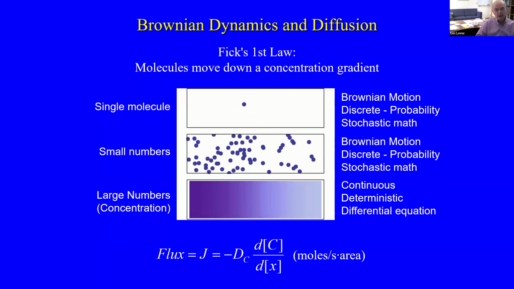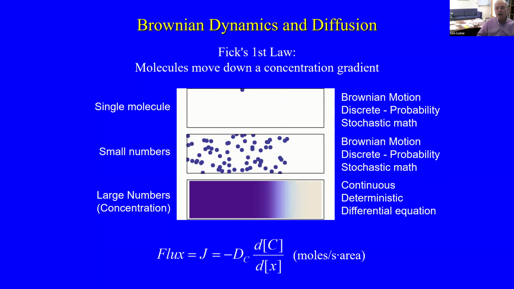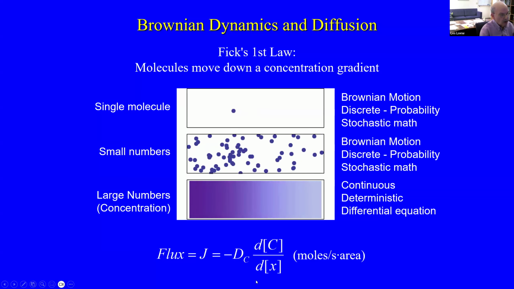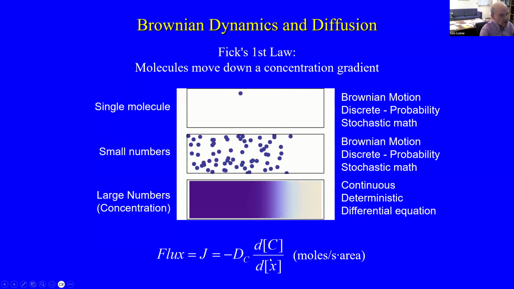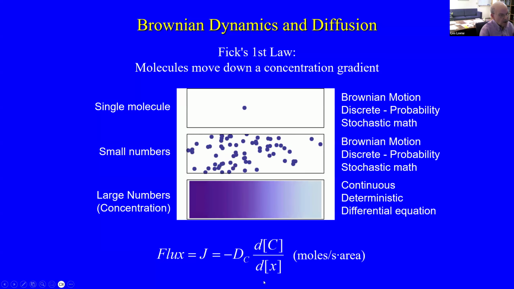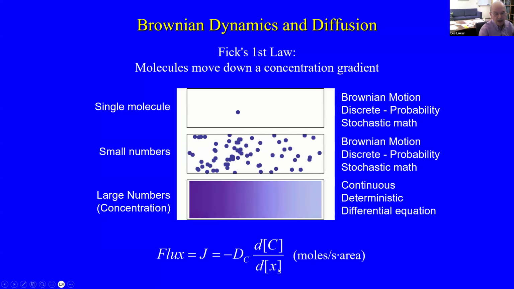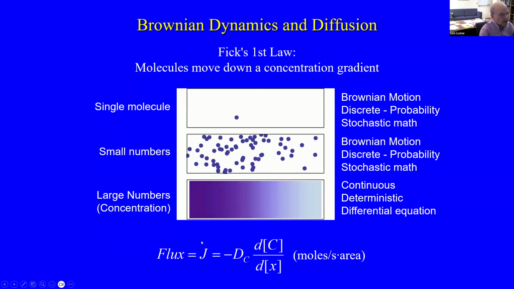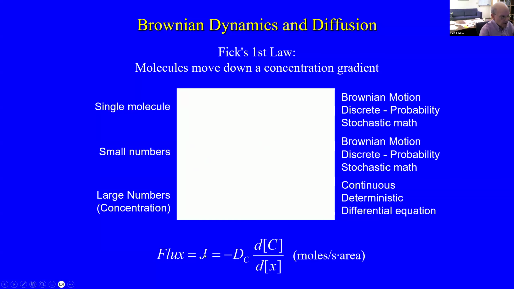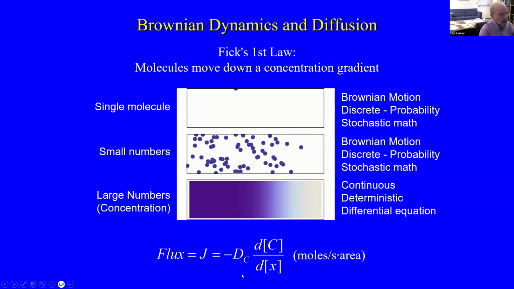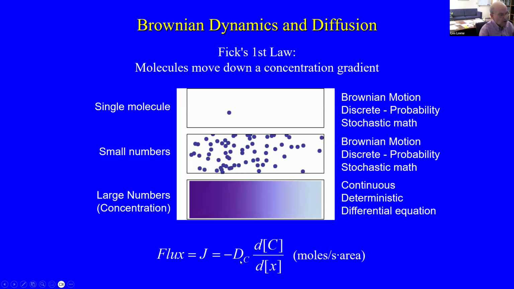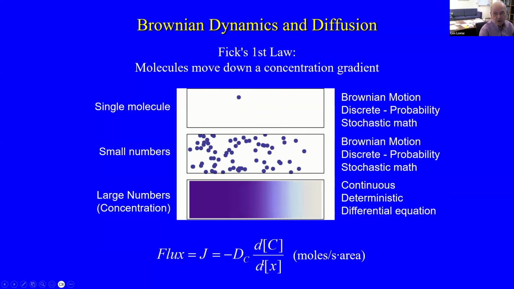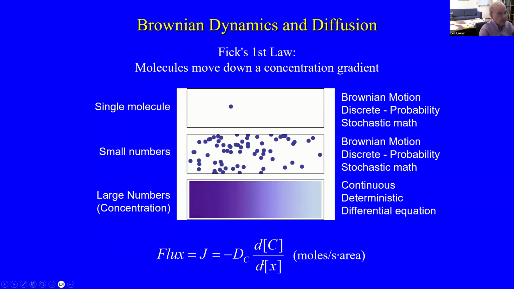But the key point is that molecules move down a concentration gradient. And here in Fick's law, you see there's a concentration gradient, the change in the concentration with respect to a spatial variable x, and the flux through that barrier, J, is given by a constant, a diffusion coefficient, times the concentration gradient.